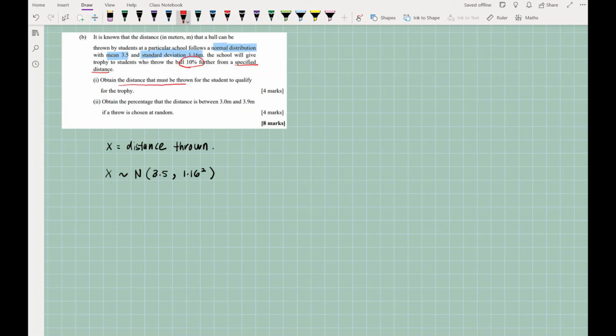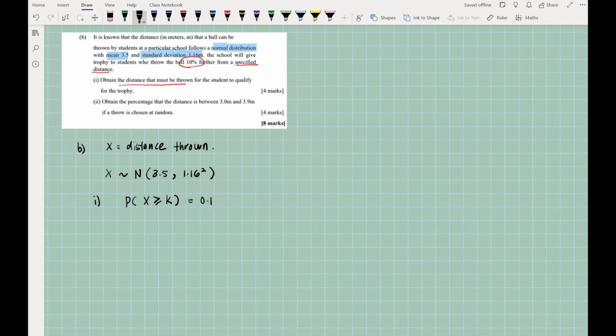Okay. So dari sini kita tahu probability-nya adalah 0.1. So we are going to just translate that for question B1. Finding the probability that X exceed a certain distance. So let's say the distance adalah K and the probability adalah 0.1. Probability dia qualify untuk trophy.